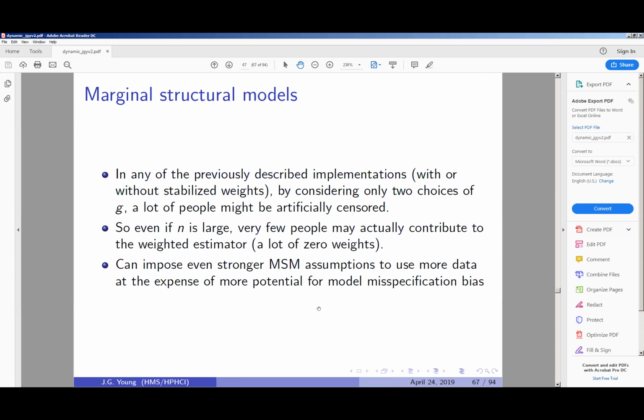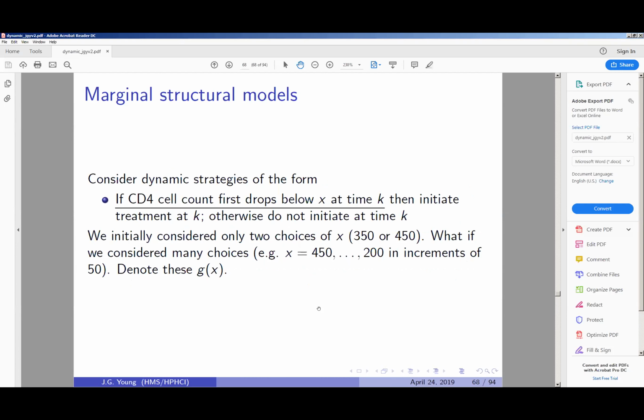We can get around this, with more assumptions, by imposing an even stronger MSM assumption to use more data, but again at the expense of more potential for bias. For example, in the case of CD4 count, there's a very natural model that arises.